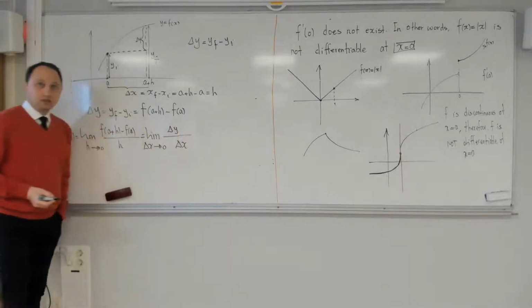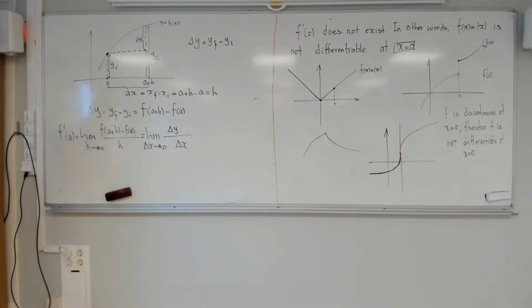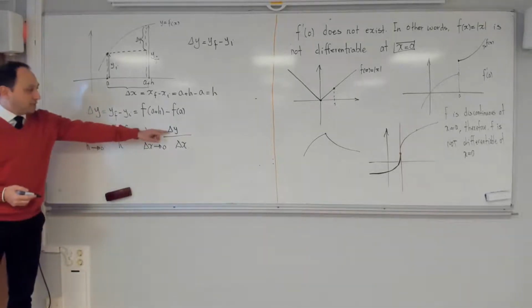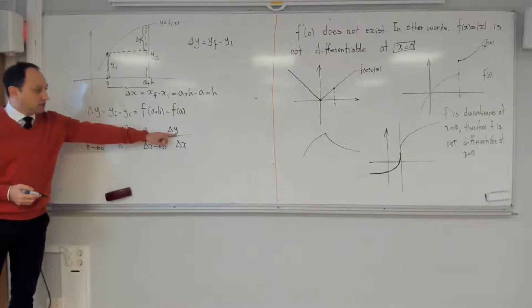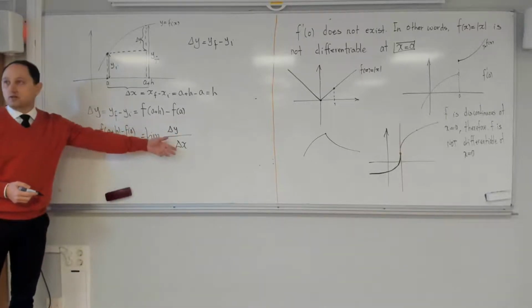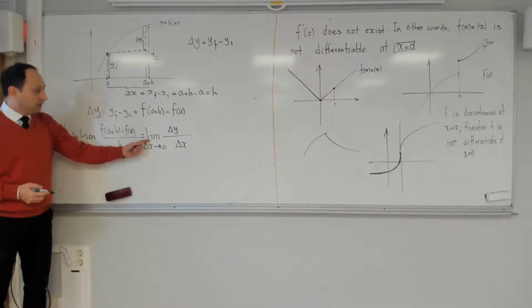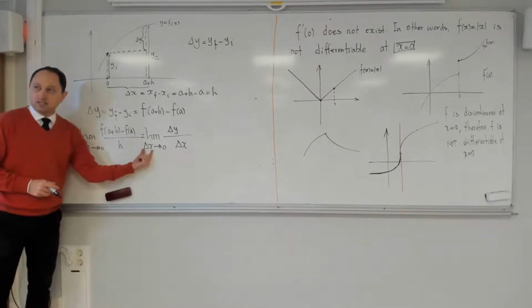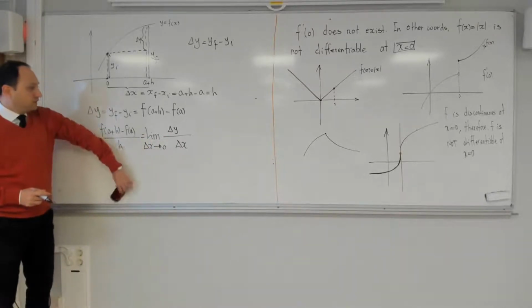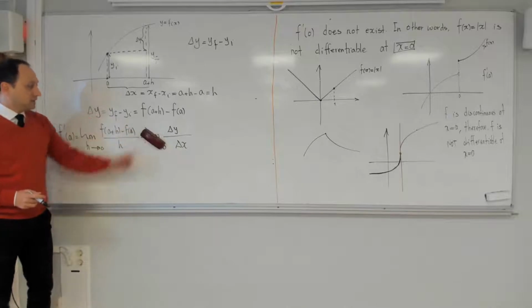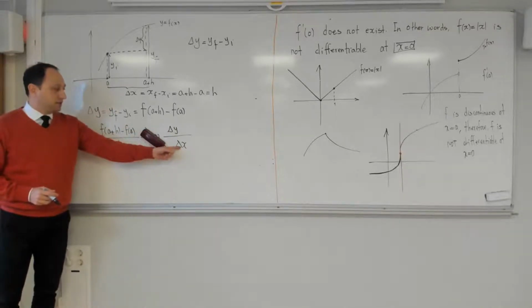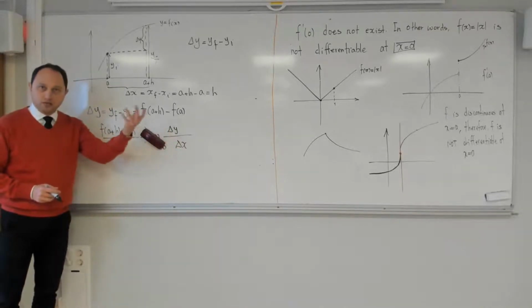Yes? So now what you see here is that the derivative is the rate at which the y is changing with respect to the change of x. Okay? But of course, this change of x is very small. If you don't have this limit, delta y divided by delta x is the average rate of change.